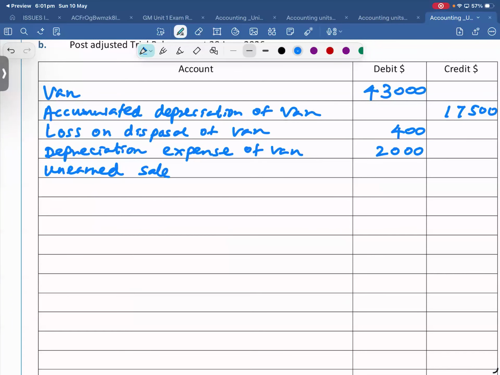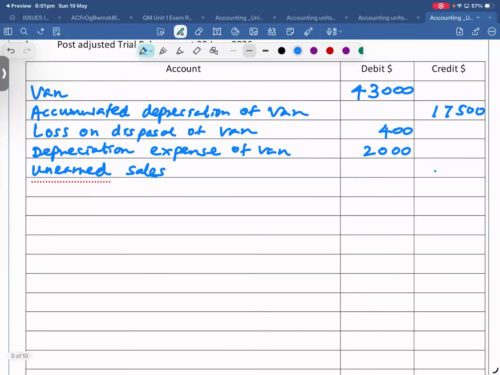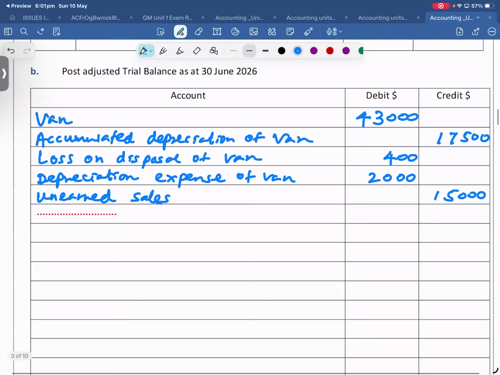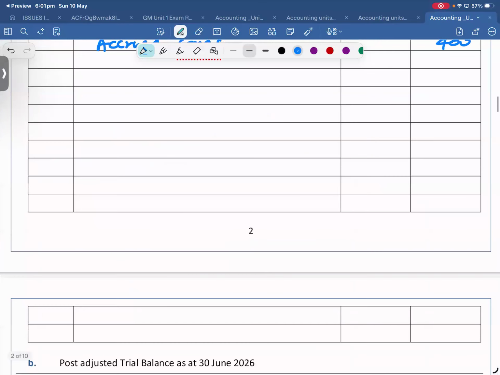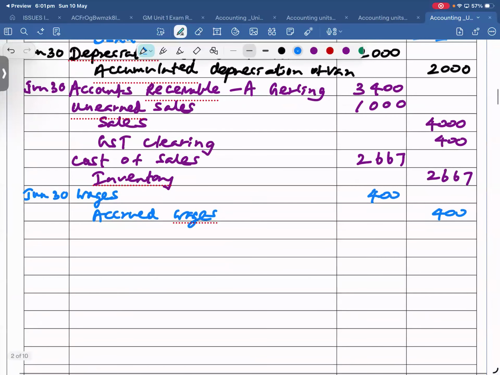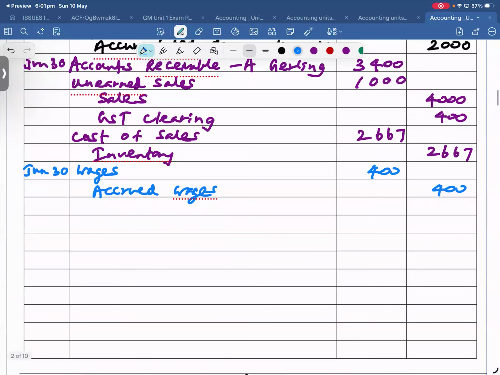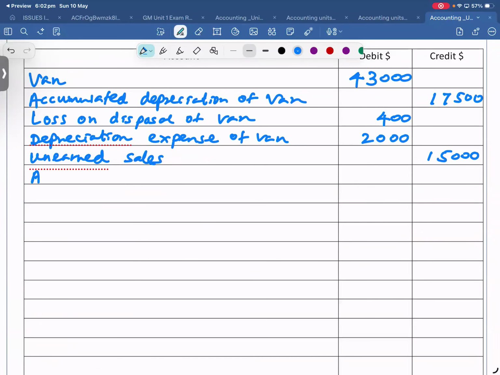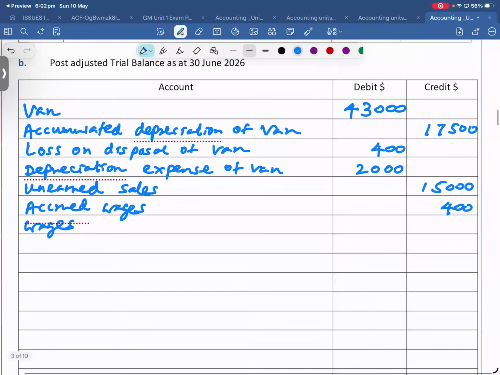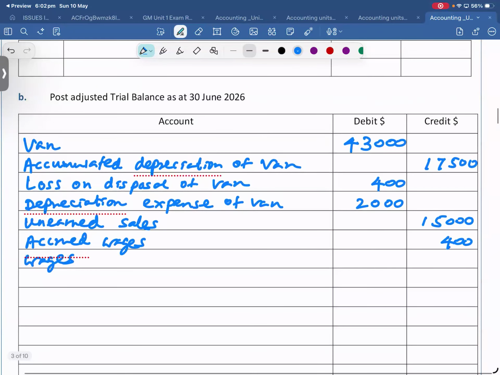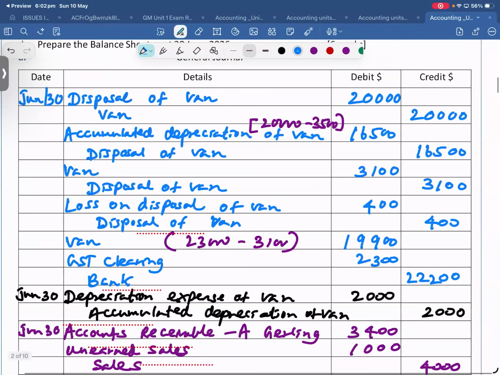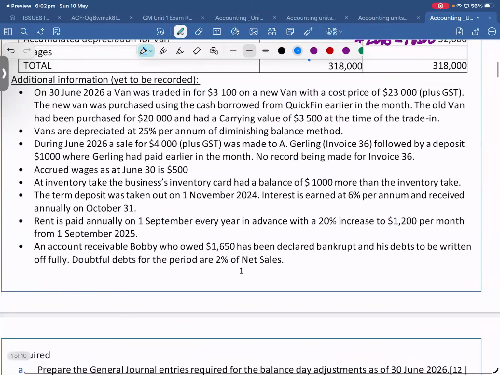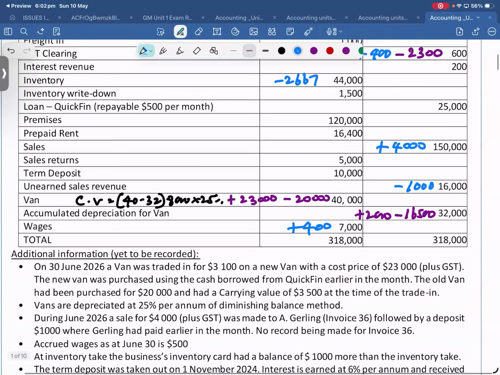Unknown sales will be how much, guys? 15,000. And then wages and accrued wages. Sorry guys, accrued wages is 500.